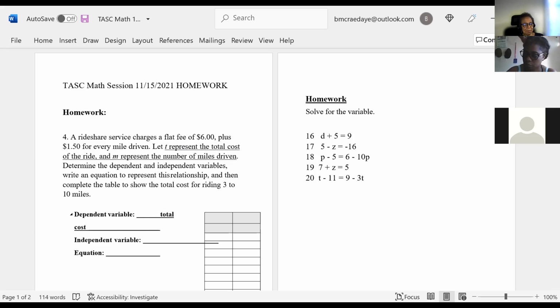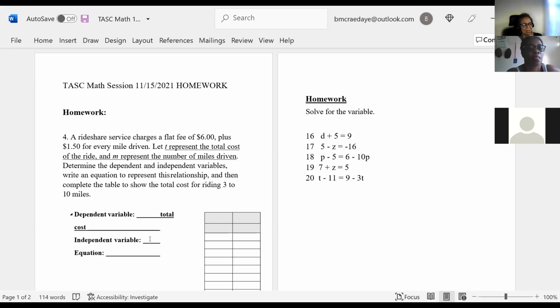Which is the $6, right? No, that's a flat fee. A flat fee of $6 plus $1.50 for every mile driven. Now, Vanessa, if the dependent variable is the total cost, what is the independent variable? T was the total cost of the ride, right?